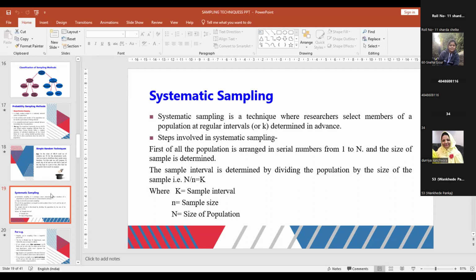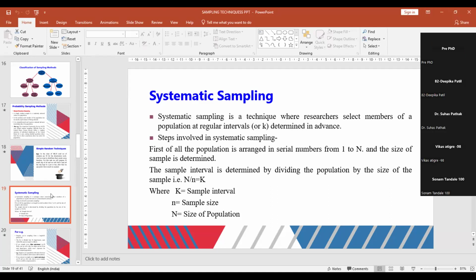This sampling obtains a collection of elements by drawing every nth person from a predetermined list of persons. In simple words, it is randomly selecting the first respondent and then every nth person after that. N is termed the sampling interval.